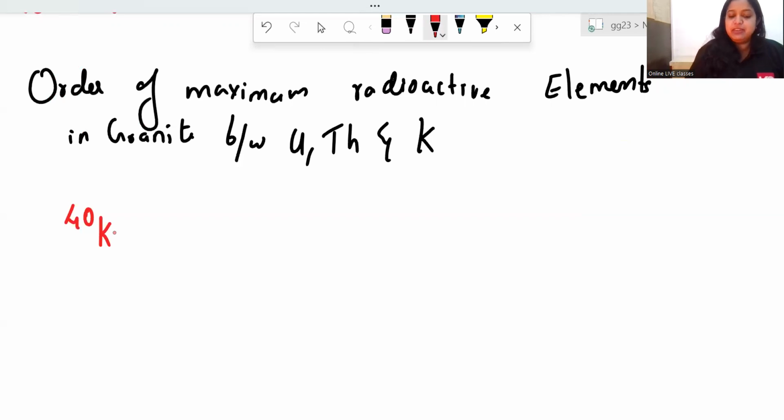Potassium is present in feldspar; the granite is mostly made up of feldspar and quartz.